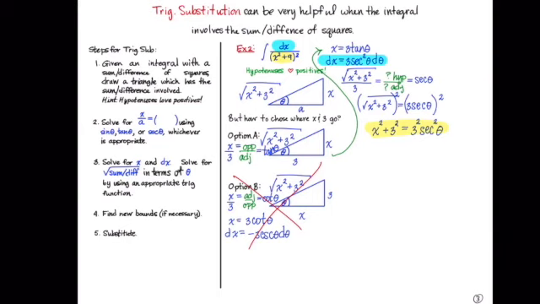So let's sub those in. We have the integral. In the numerator, we have 3 secant squared theta d theta. And in the denominator, we have 3 squared secant squared theta, and that quantity is squared.